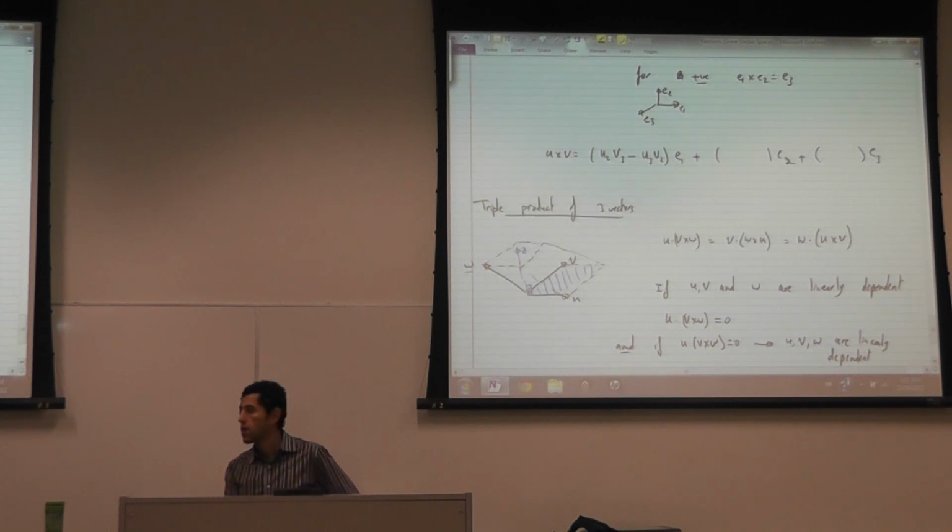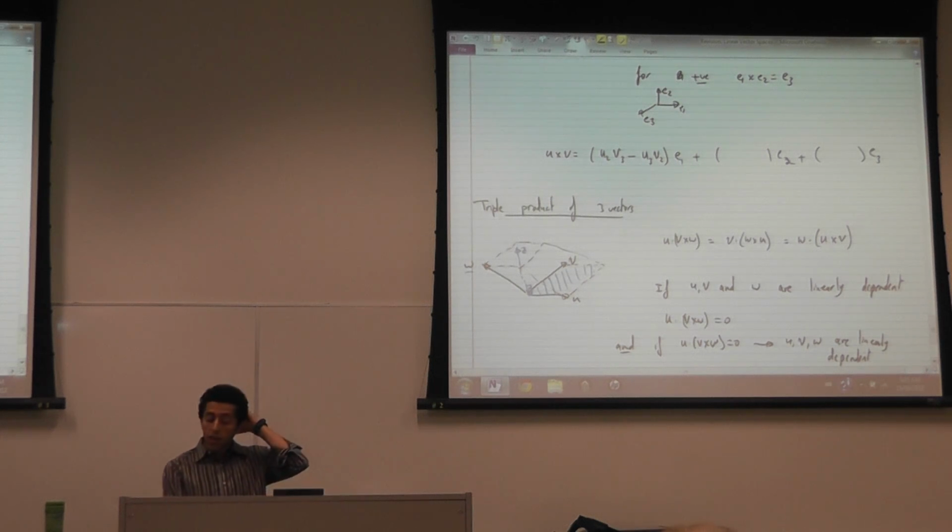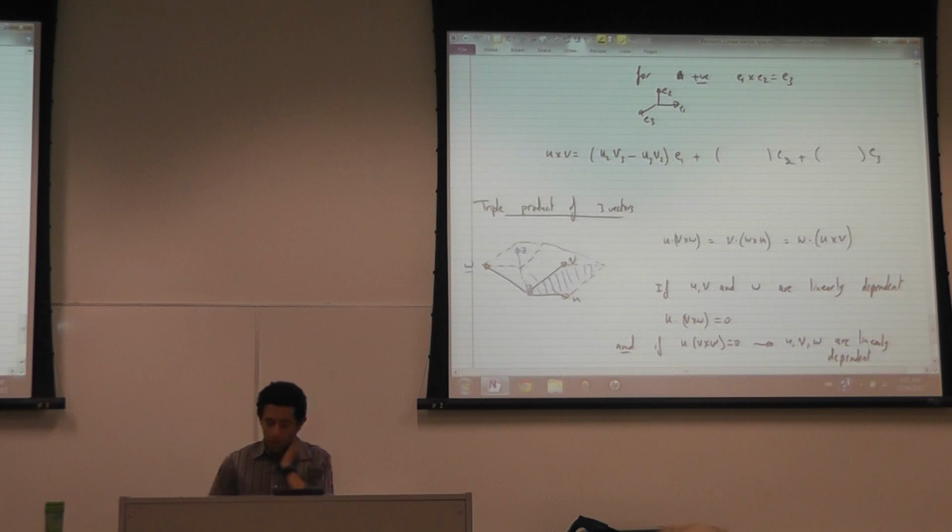So the triple product gives me a measure of whether these vectors are in the same plane or not. If they're in the same plane, I cannot use them as a basis for my vector space because they are a plane, they're not linearly independent. If they're linearly independent, and there are three, I can actually use them as a basis for my vector space.